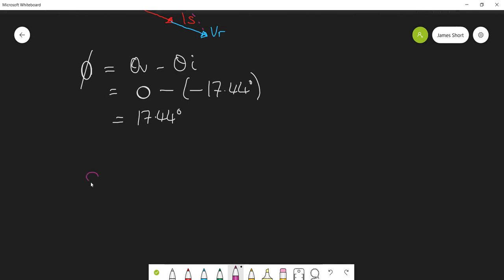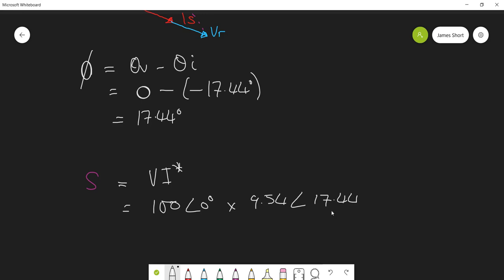So the complex power S is equal to the voltage times the complex conjugate of the current. So we've got 100 volts at 0 degrees times 9.54 at positive 17.44.